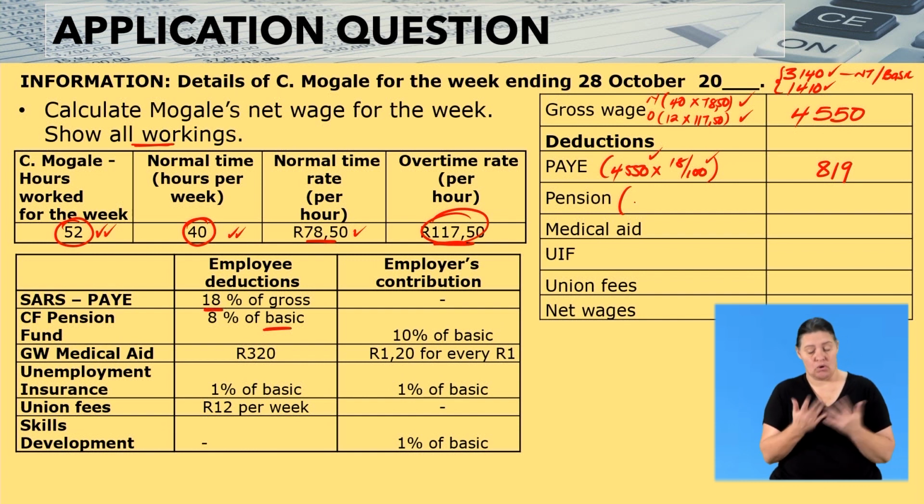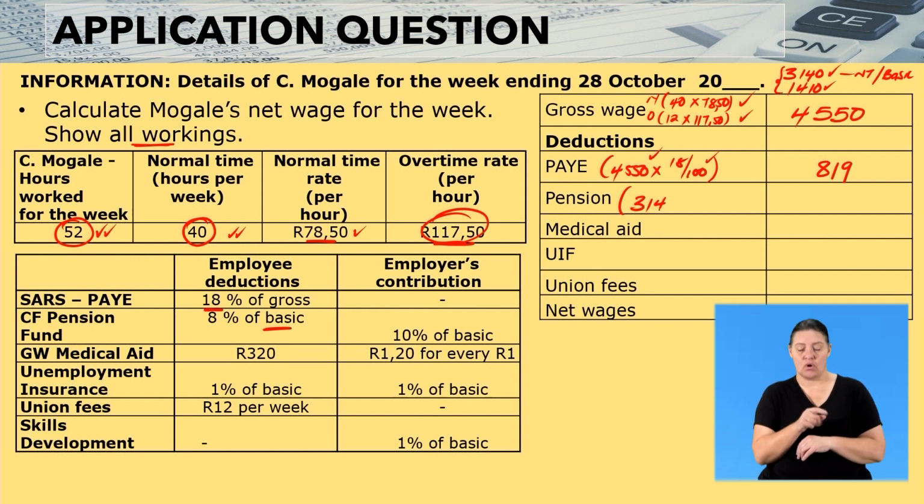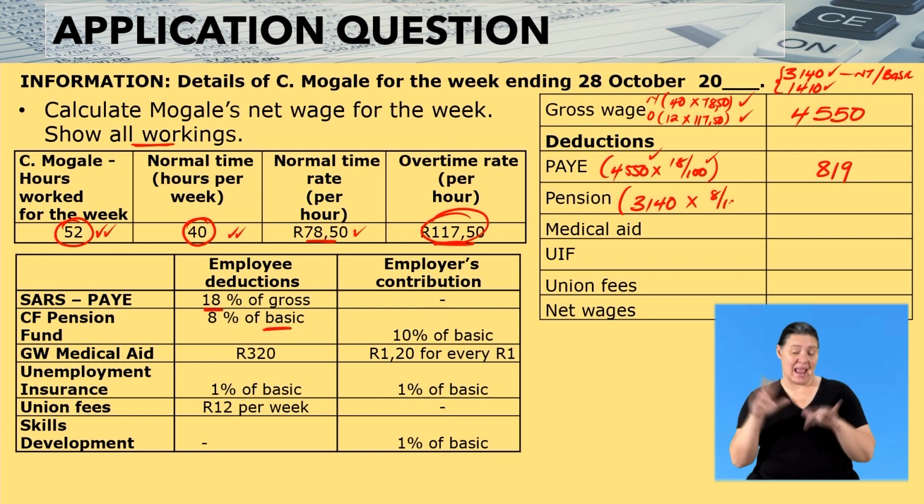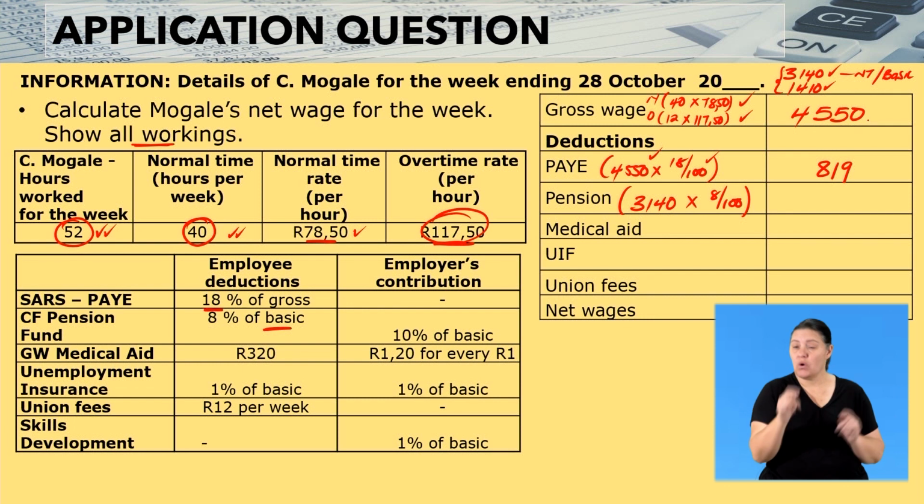So when we calculate pension, we get 8% of the basic, which is 3,140. You must not use the 4,550 because that is the gross. In this case, they wanted us to use the basic. So 3,140 multiplied by 8% will give you, punch it in your calculators, 251 Rands and 20 cents.